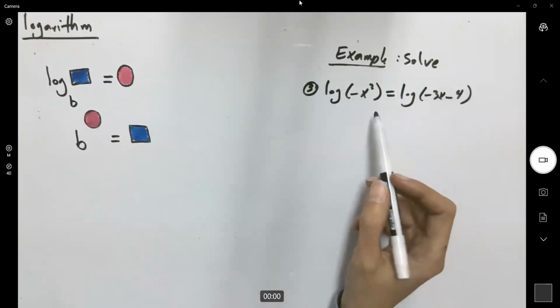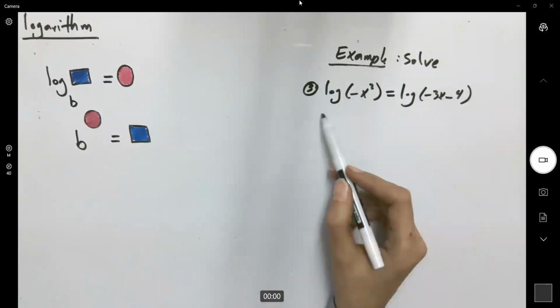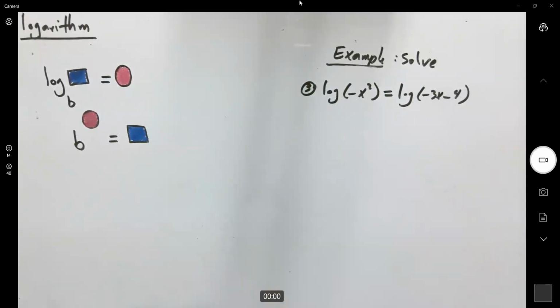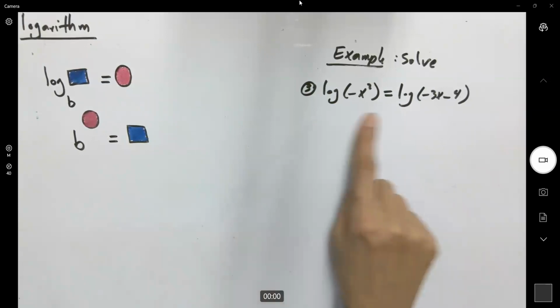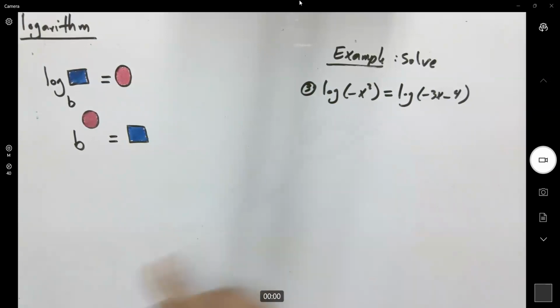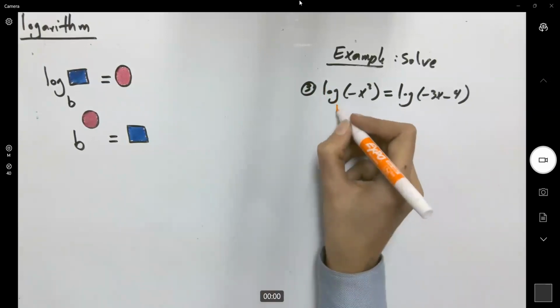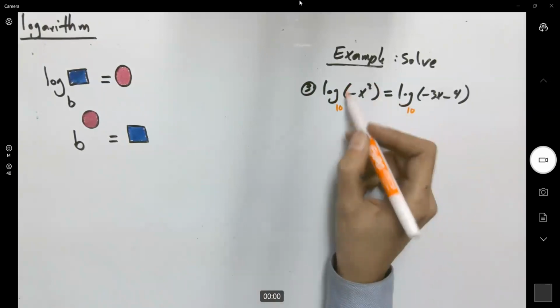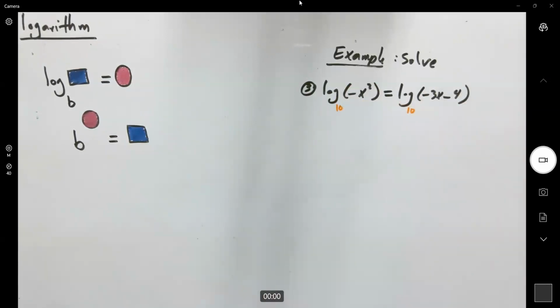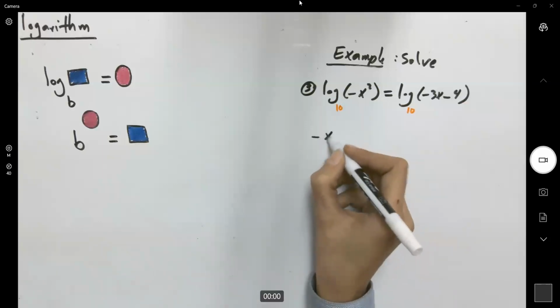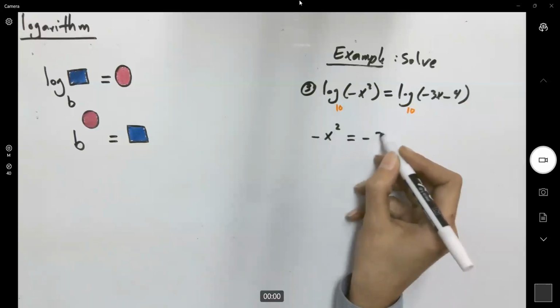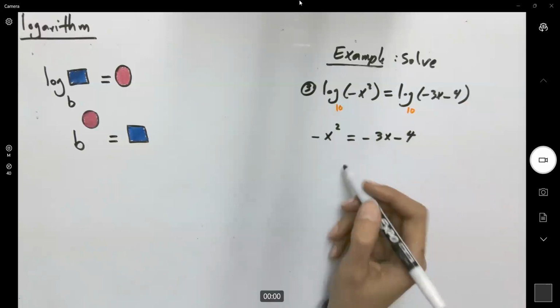Again, when the base is not given, the base is just 10. So what are you going to do? You're going to say that since I have the same base, 10, I can take these quantities and set them equal to each other. Very good. Negative x squared is negative 3x minus 4.